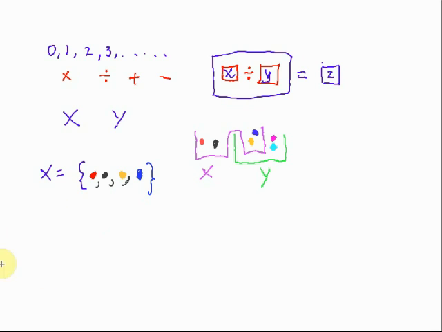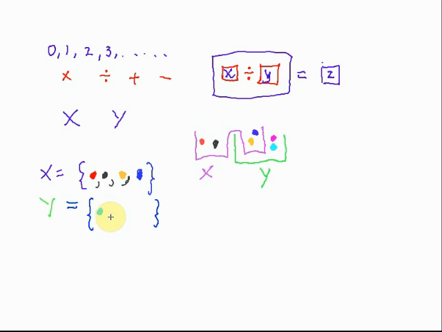And what about set Y? Let's write that in green. Y is the set, I'll actually write this in blue, it's easier to see. So Y is the set. How many balls? We've got 4 balls in Y as well. We've got a light blue ball. That's that one over here.